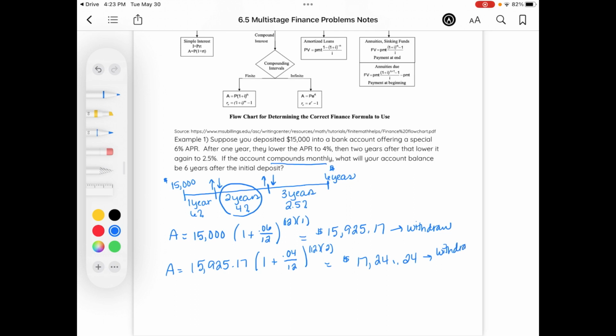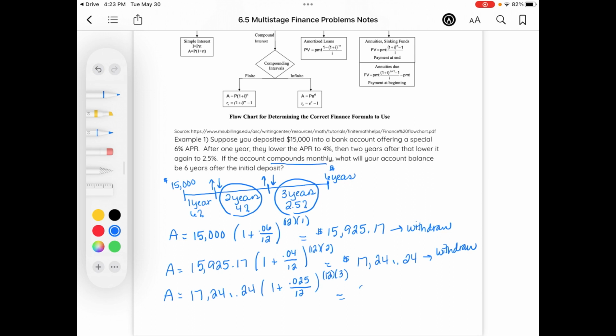Of course, I'm going to do the same thing as above. I'm going to withdraw this and put it into an account for 3 years at 2.5%. So I'll have $17,249.24 times 1 plus our new interest rate, 0.025, divided by 12 payments per year for 3 years.